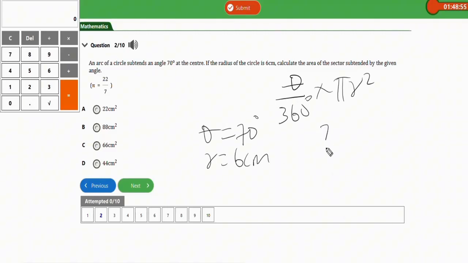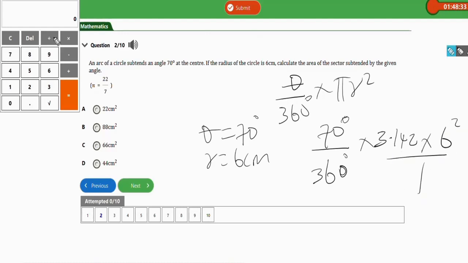It's going to give us 70 degrees over 360 degrees times our pi, which is 3.142, times the radius 6 squared over 1. So let's punch this on the calculator and see what it's going to give us. Let's simplify the numerator.